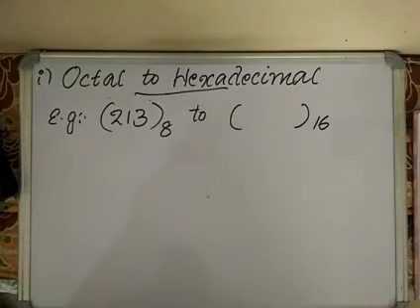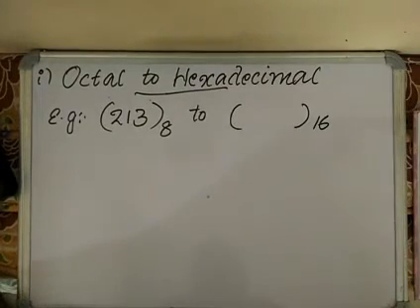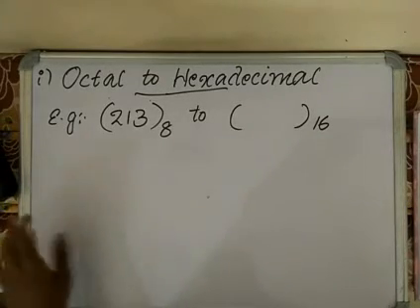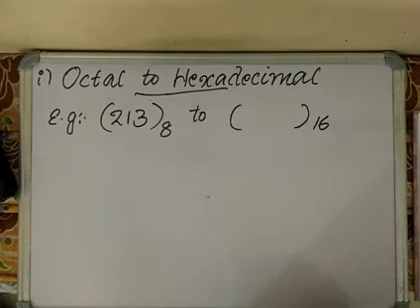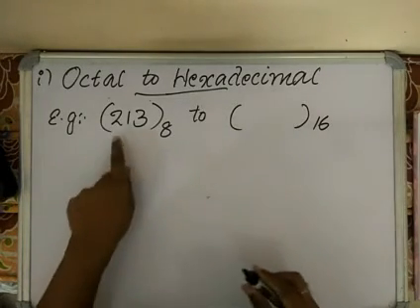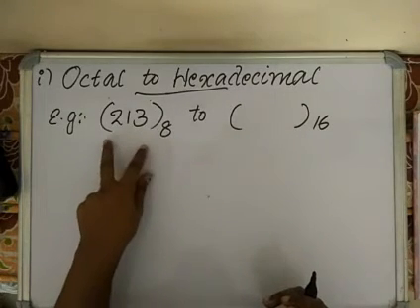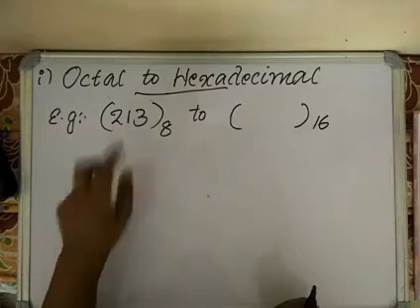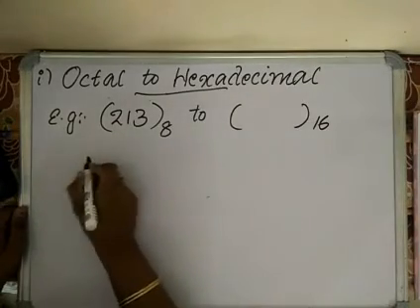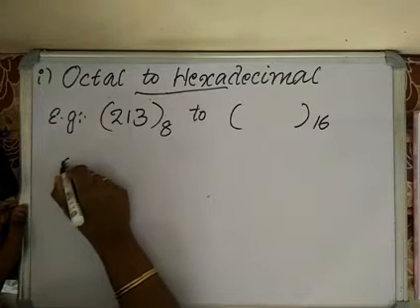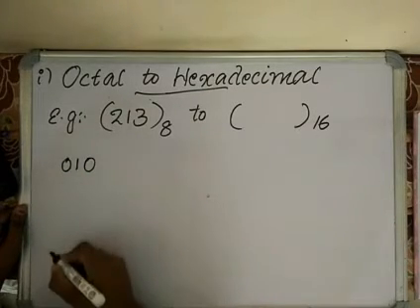Next one is the octal to hexadecimal conversion. So the input will be an octal number. We have to convert it into hexadecimal. Here the procedure is, the first step is we have to write the binary equivalent of each octal digit. For 2, it can be written as 010.